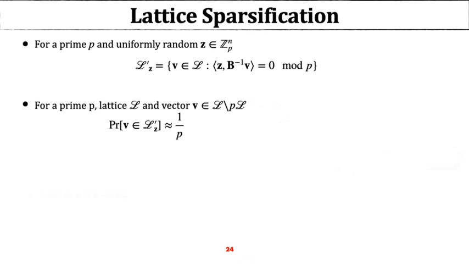So the probability is almost uniform for a vector to be in the new sublattice. So for a uniformly random z, the lattice L prime z is a new sublattice of lattice L, but it is more sparsified compared to the original lattice.